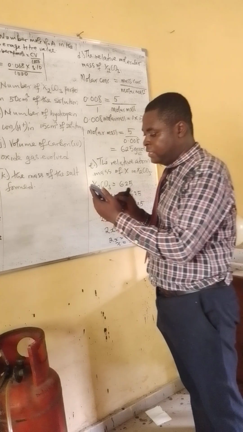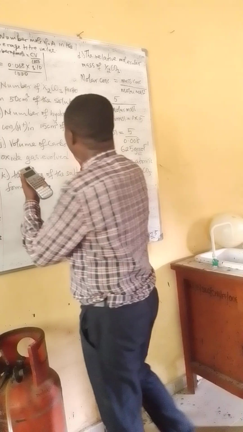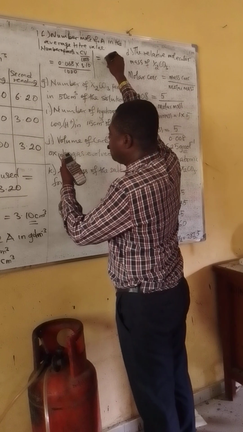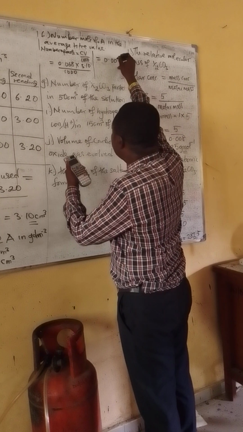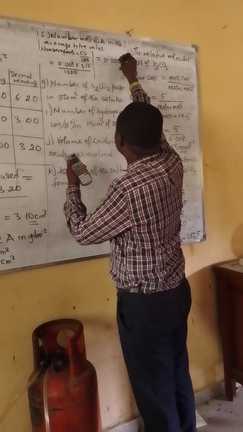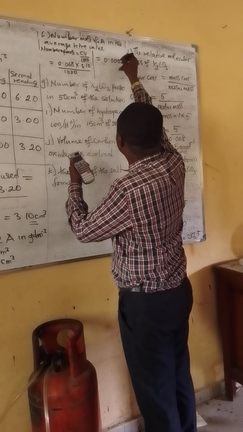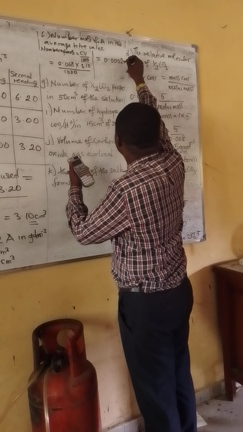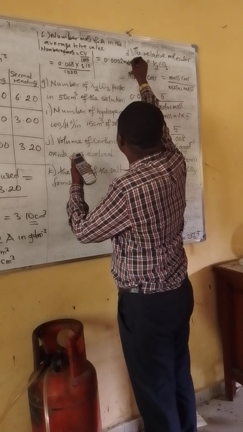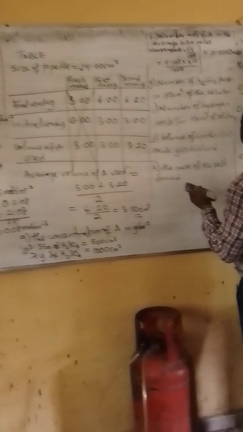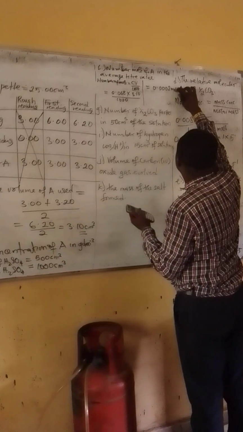Our answer is 0.0002 mole. The SI unit of number of mole is what? Is mole. Please take note. Mole.